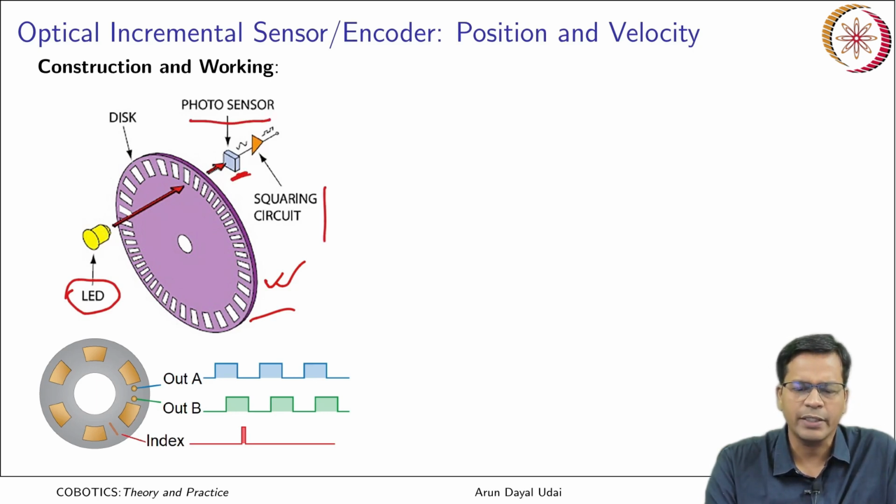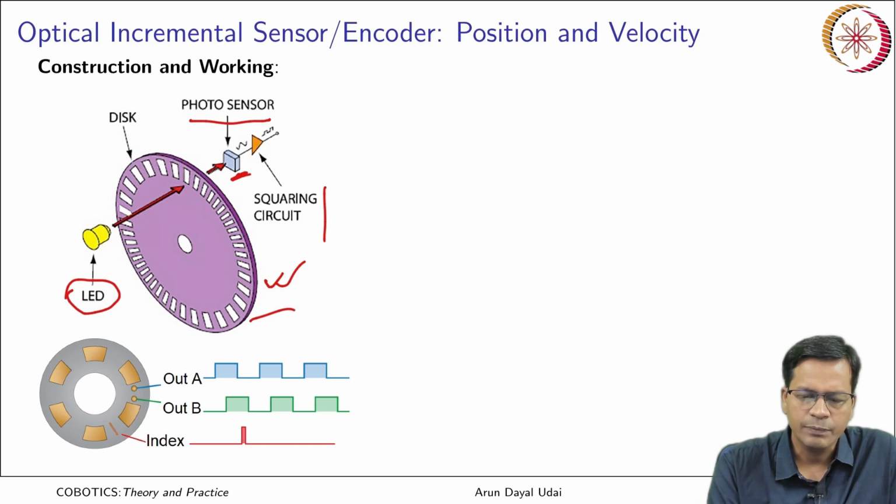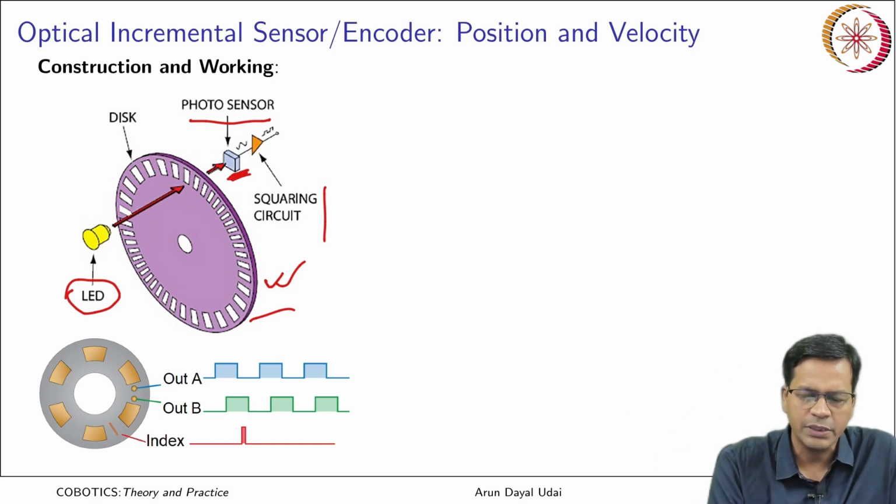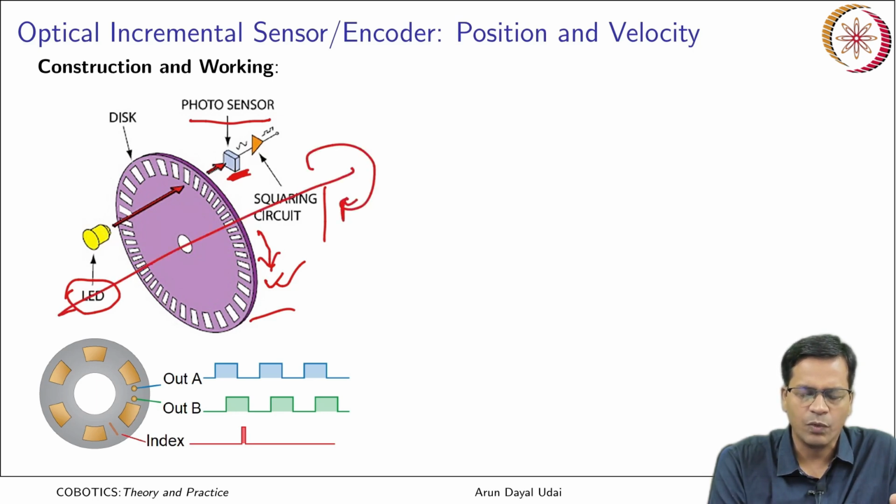and a squaring circuit which basically converts the analog value received by the photosensor to digital form, high and low signal. So basically this setup would simply count the number of windows as this wheel rotates about this axis. If it rotates, what will happen?